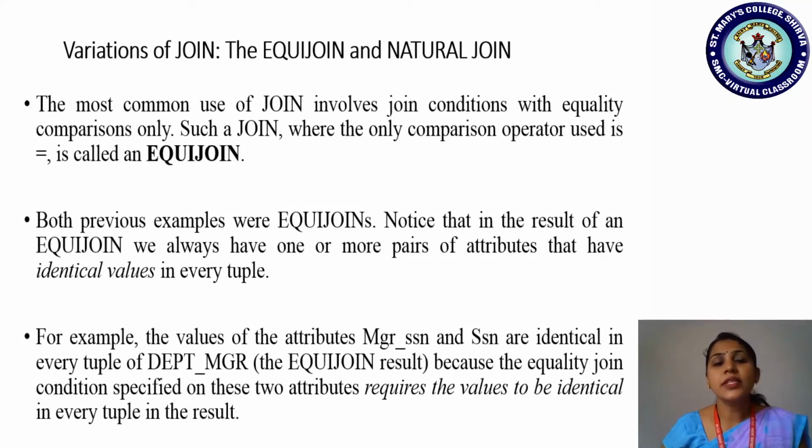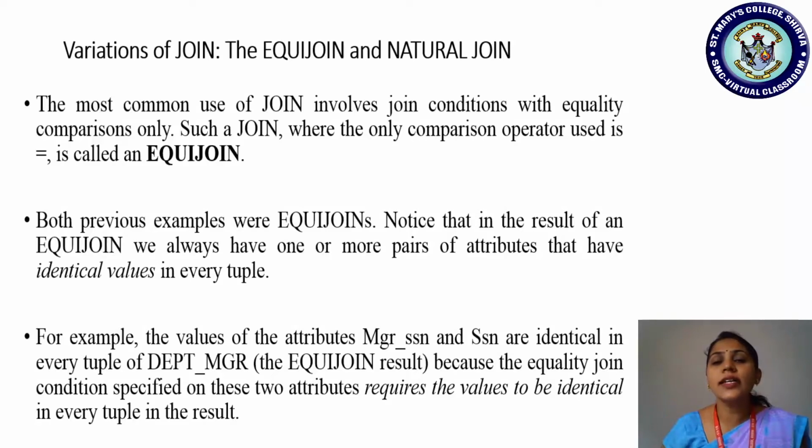Okay, so like that. Both the previous examples were equi-joins. For example, the Cartesian product, cross product operation, then join operation. We discussed a few examples, right? There we came across the join condition implementing the equi-join only.